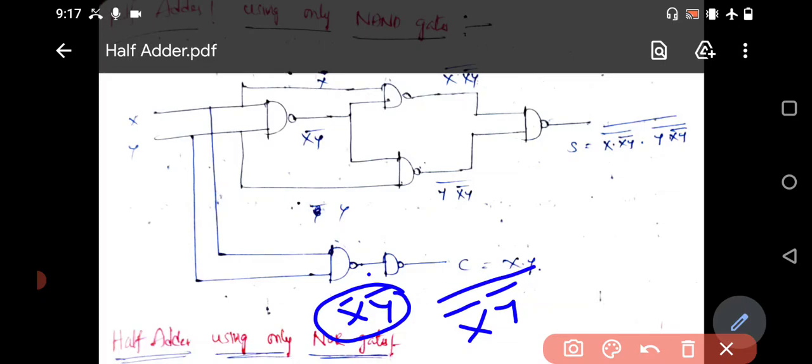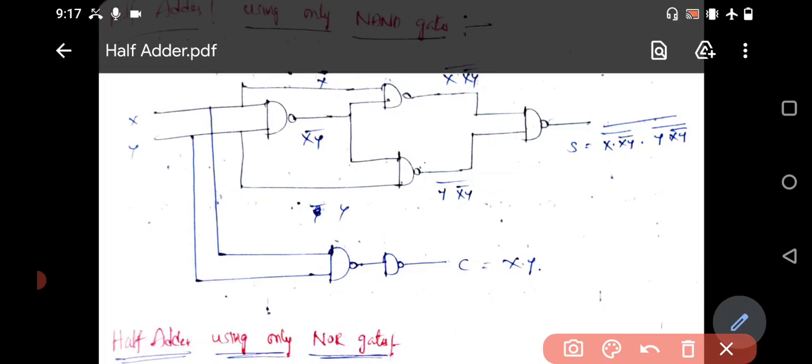The output, xy bar, is again given as input to the NAND gate, so it becomes xy.